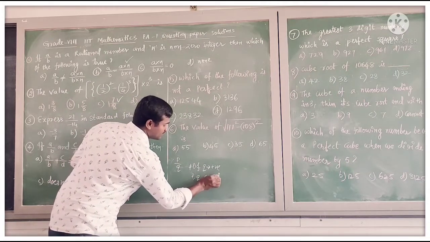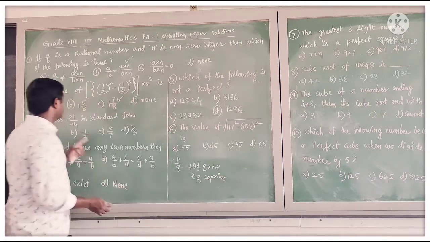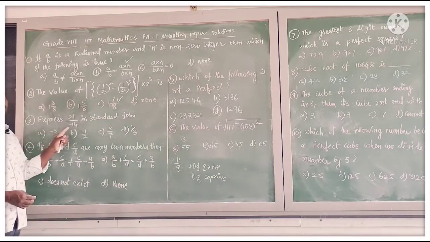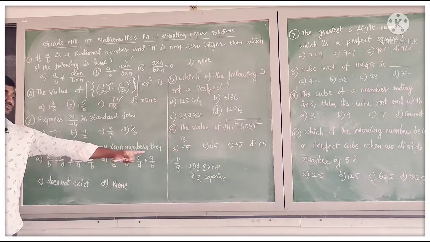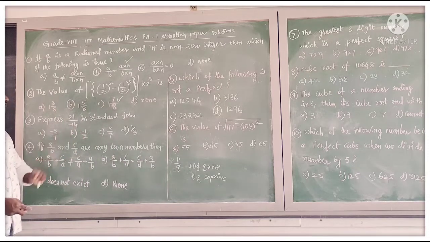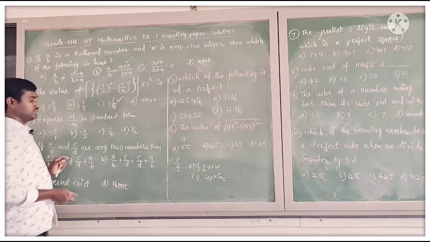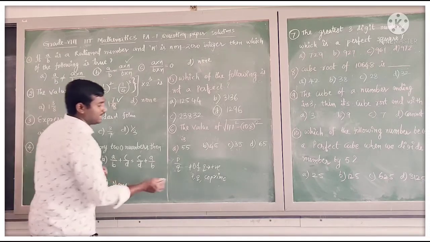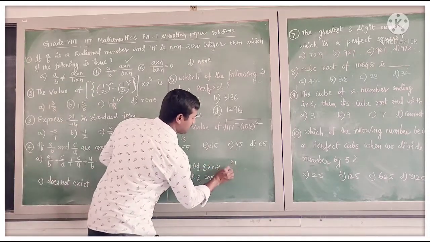Co-primes means there is no cancellation. So here the numerator and denominator, we have a negative. When you write a rational number in the standard form, q should always be positive. So minus 14 we have. To make it positive, I am taking 21 by minus 14.